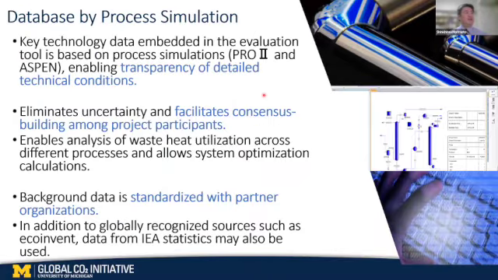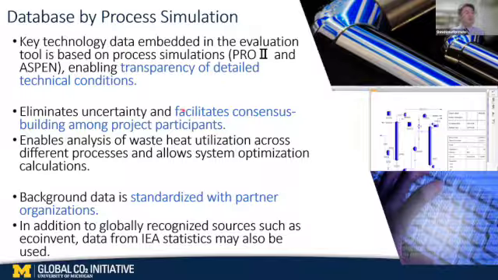So the database for a few processes is provided from the process simulation, and we have been using Purdue and Aspen for several processes. So the transparency of detailed technical conditions is available.